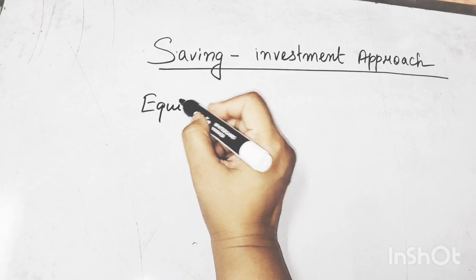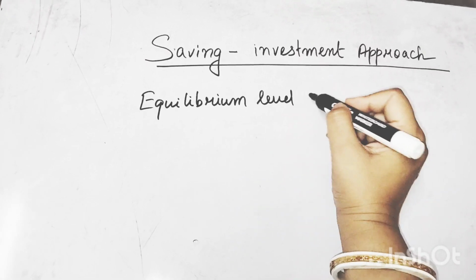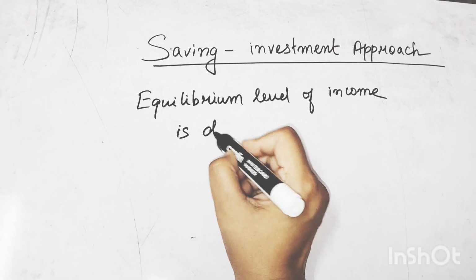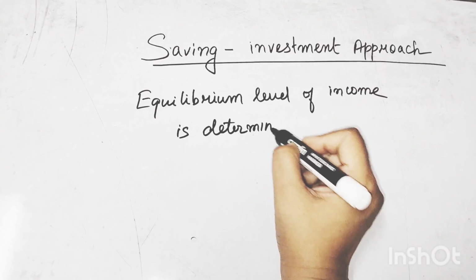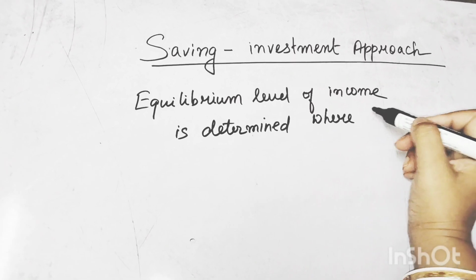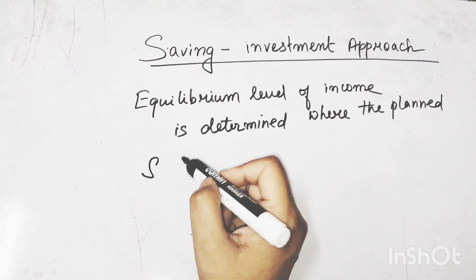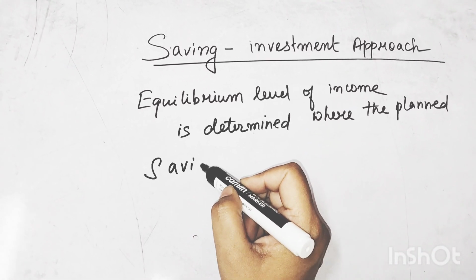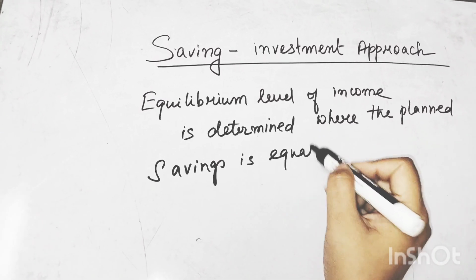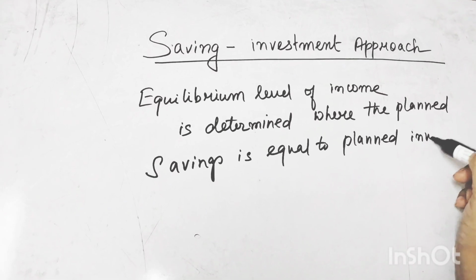Here the equilibrium level of income is determined where the planned savings is equal to planned investment.